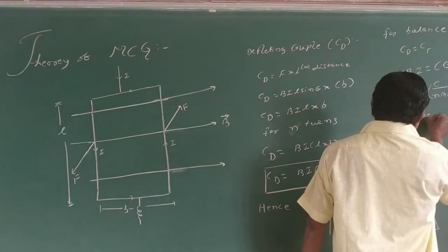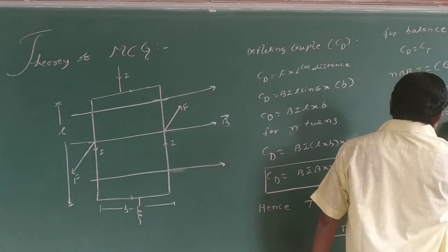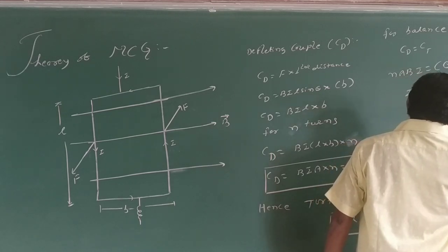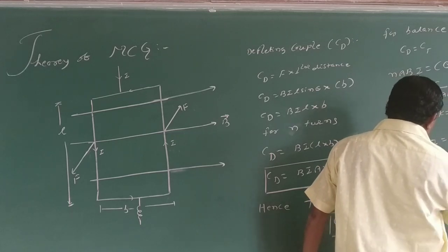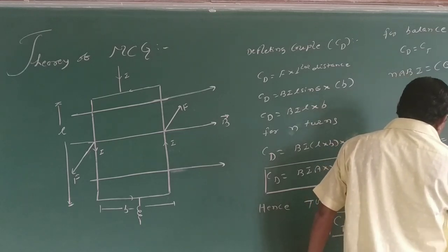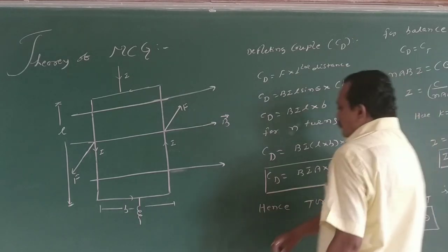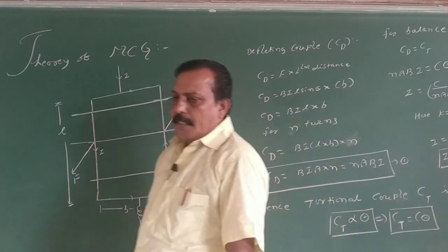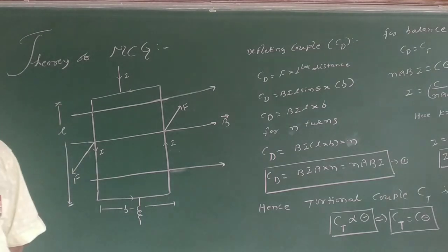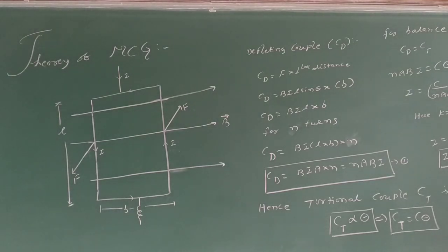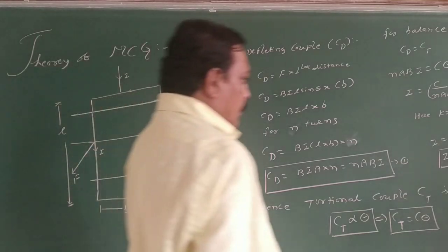Here, K equals C divided by NAB, which is a constant. I equals K into theta, where K is called the current reduction factor.